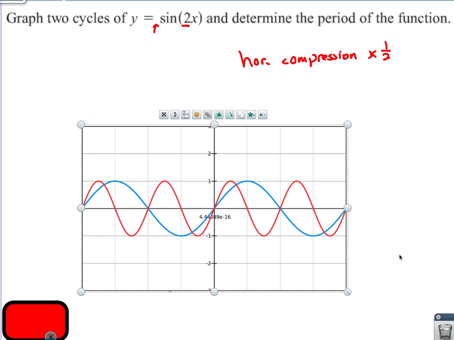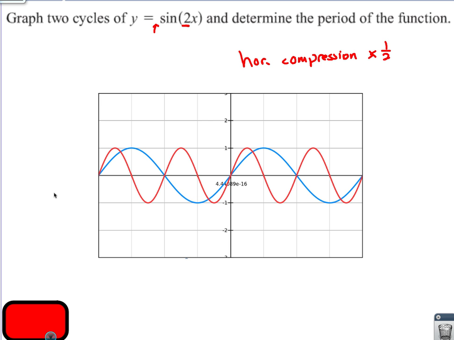The blue function is your original y equals sine x graph. Notice the sine of 0 is 0, sine of 90 is 1, and so on. What that 2 did, instead of repeating over the course of 2 pi units, it compressed it. It shoved it in some. You see that? So now your period is no longer 2 pi.